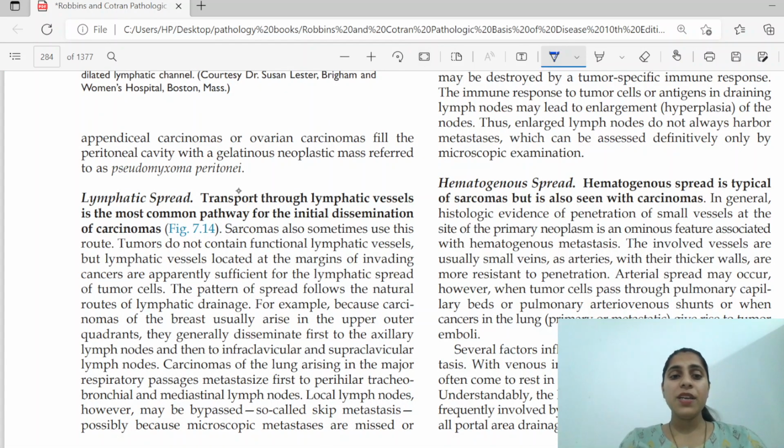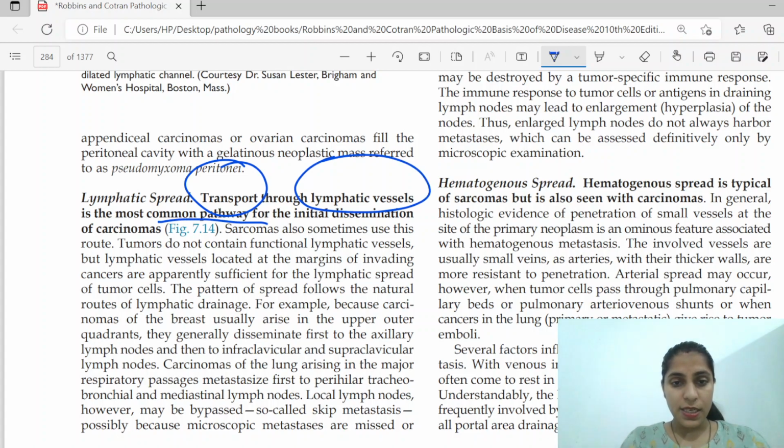So lymphatic spread: transport through lymphatic vessels is the most common pathway for initial dissemination. We have already seen that it is more in carcinomas, but it can also occur in sarcomas rarely.